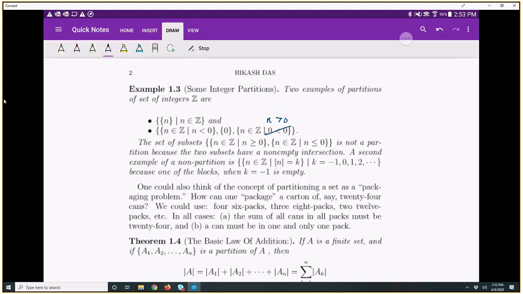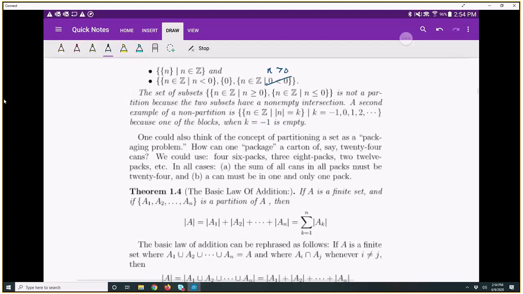Because one of these subsets would be empty, that is to say, if k is -1, then there is no integer whose absolute value is -1. This cannot be a partition. So the partition can't include empty subsets, and it can't include subsets which are non-disjoint.